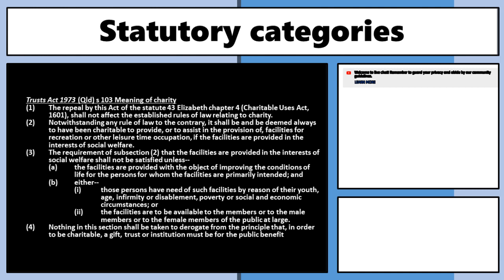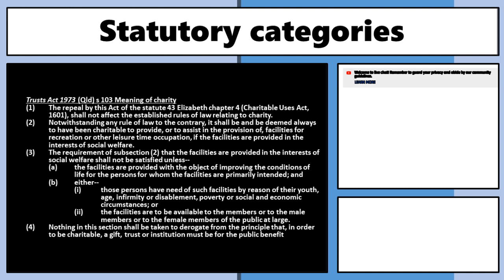So if you have a charitable trust which goes towards things that the taxpayer is otherwise going to have to pick up, courts will bend over backwards to uphold that particular purpose as being charitable.